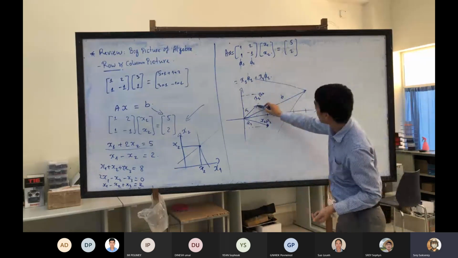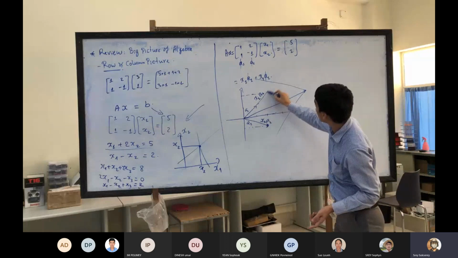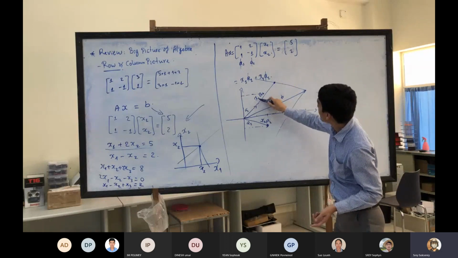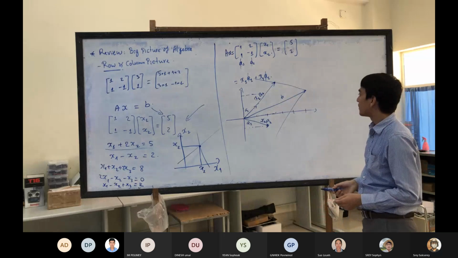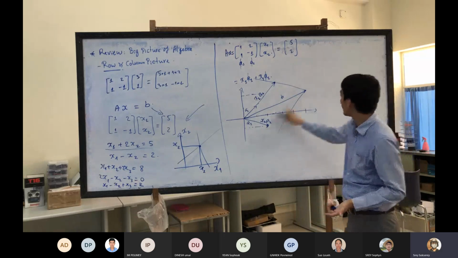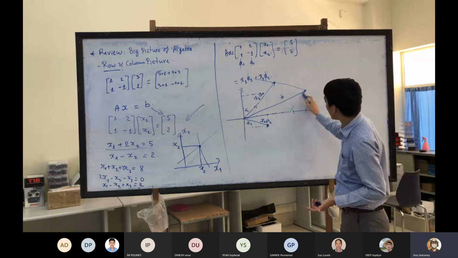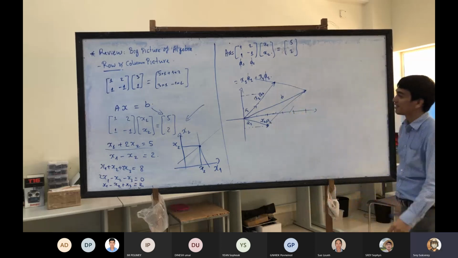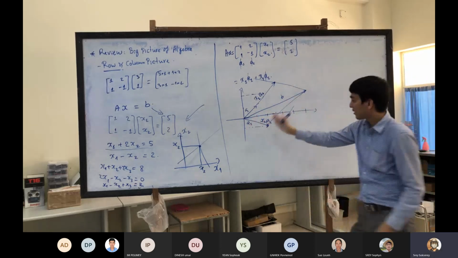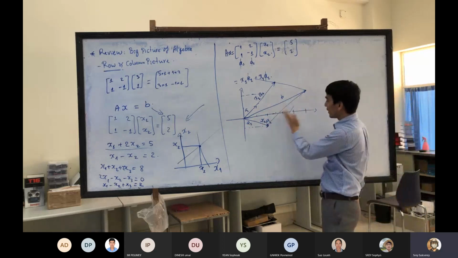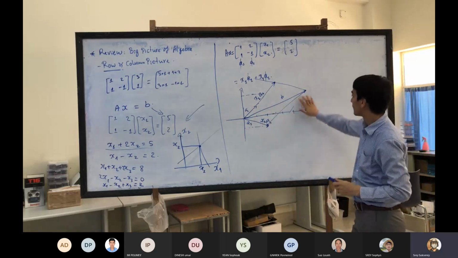So you must find h1 so that h1 times A1 reaches here. Maybe my drawing is not good. Actually, this one should also be here. So this is just a drawing. You need to carefully make the right units.